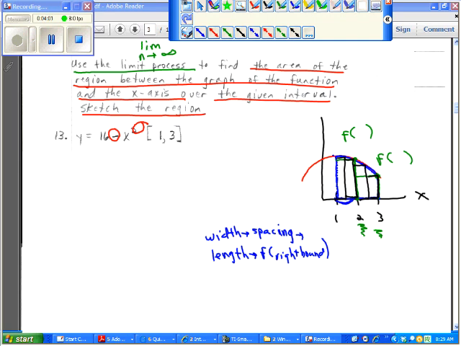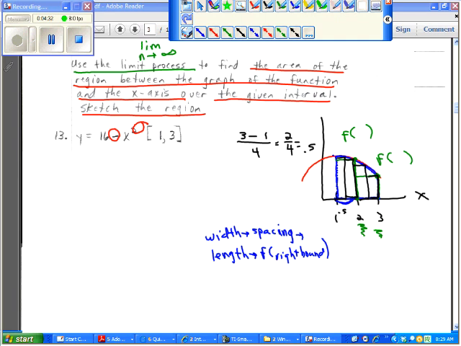We can find the width of a rectangle by saying, okay, the whole distance is 3 minus 1, the upper bound minus the lower bound. And then if we divide that by the number of rectangles, 1, 2, 3, 4, we would have 2 over 4, which is 0.5, which actually gives me my width, or my spacing. Each of these would be 0.5.